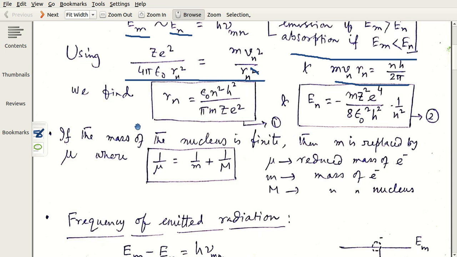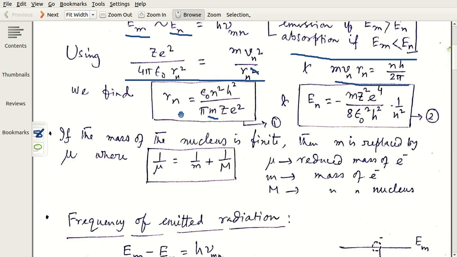And the mass of the electron is taken as m here. This m is the mass of the electron, and it is considered in Bohr's theory that the nucleus is infinitely heavy. Though the nucleus has a finite mass, in case of atomic hydrogen it is actually a proton.